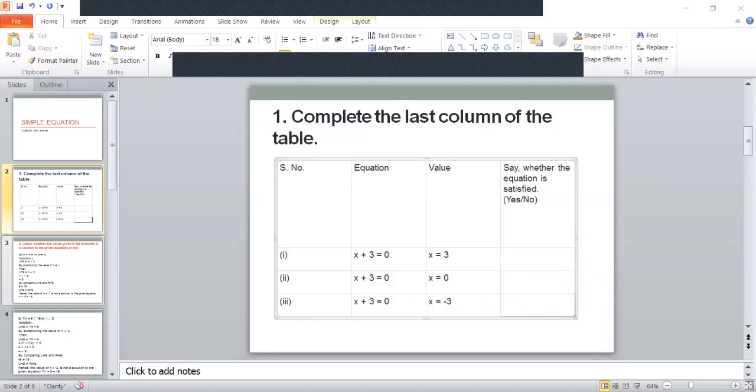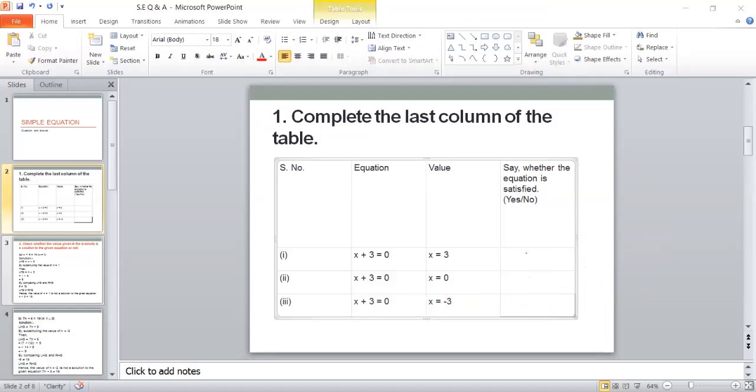So what did we get now? I'm writing here. This equation is not satisfied. This equation is also not satisfied. Only the last equation is satisfied, because whenever we put the value of x in the equation, we get LHS equal to RHS.